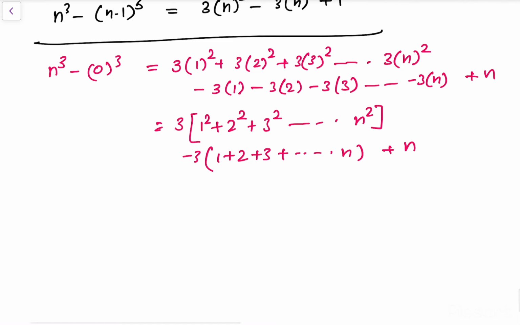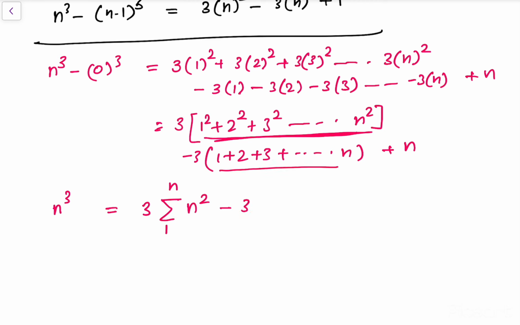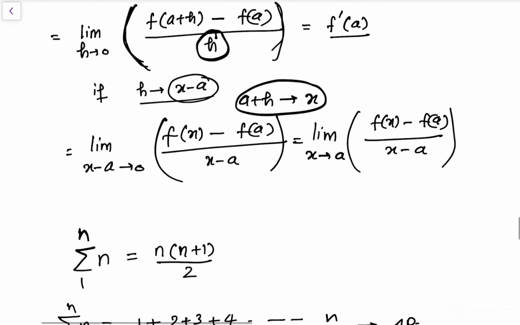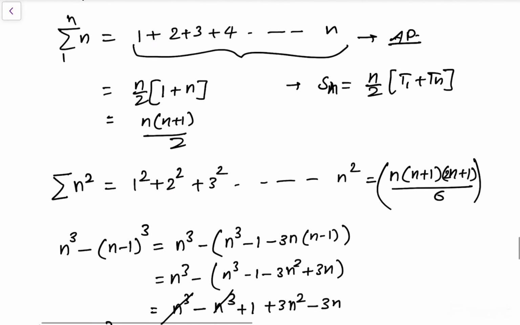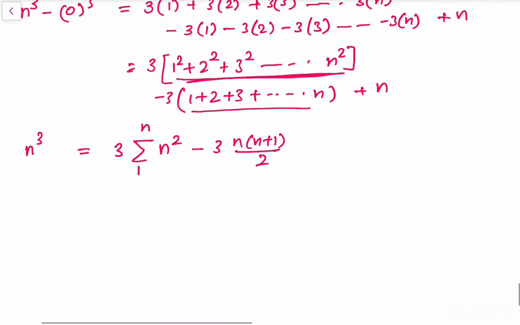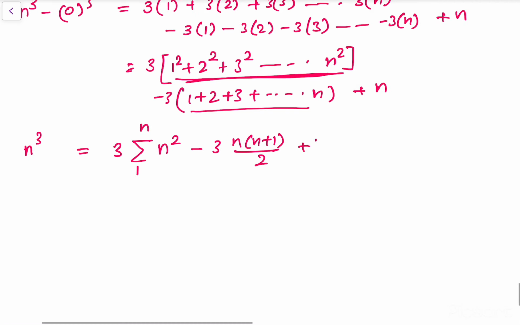On the left hand side we have n cube, on the right hand side we have 3 times sigma n square from 1 to n. And the second one is minus 3 times the addition 1, 2, 3, 4, 5, which is n(n+1)/2. We got it here, so we put this sigma n as n(n+1)/2 and then again plus n.